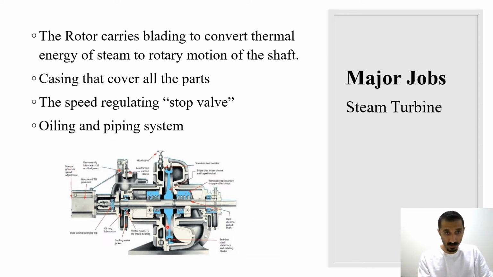We have the blades here that the steam turns and moves around, and from the other side we have the inlet, a 625 psi steam line, and the outlet, a 60 psi steam line.